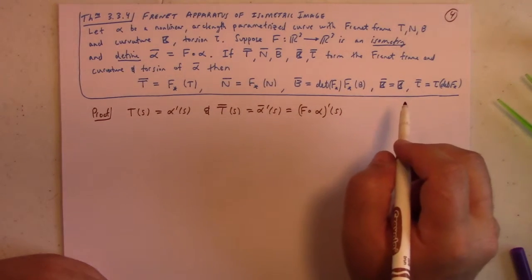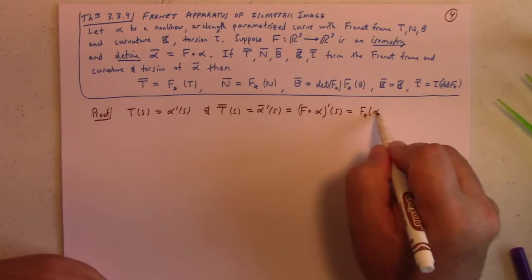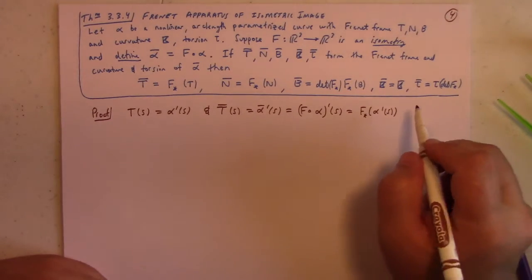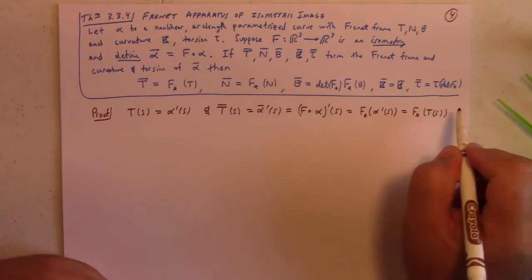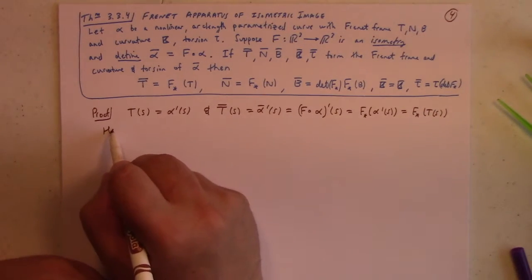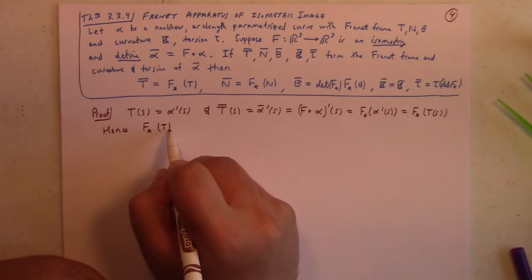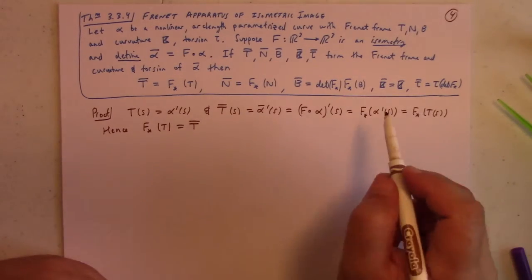But Theorem 2.22 told us that that was in fact the push forward of alpha prime of s. So there you have it. That's the push forward of T of s, and that holds for all s, hence the push forward of the tangent gets us to the bar tangent. There's one down.